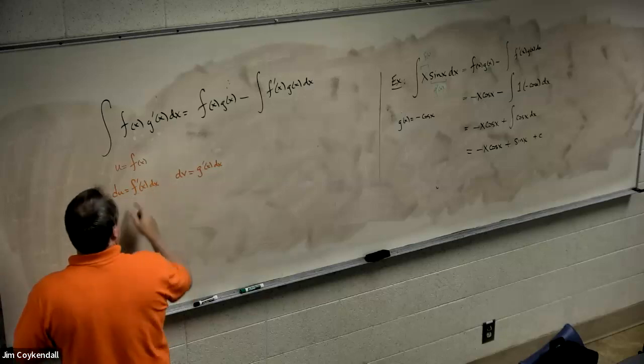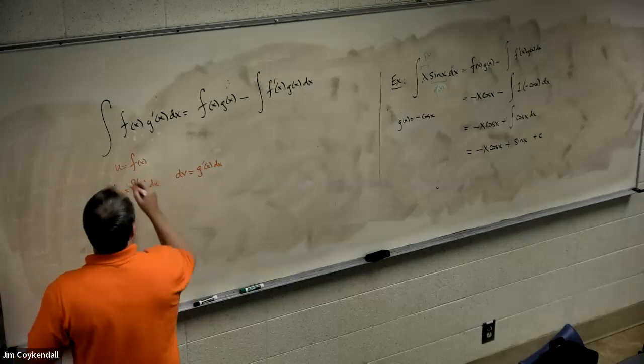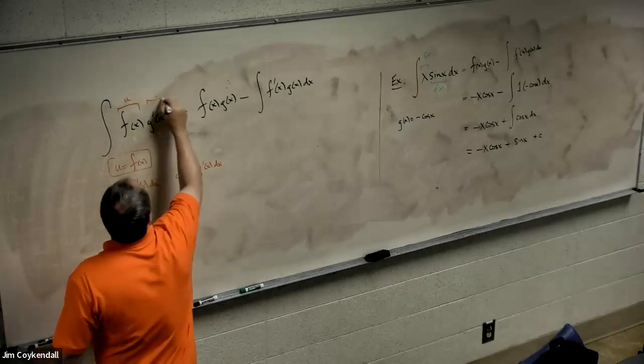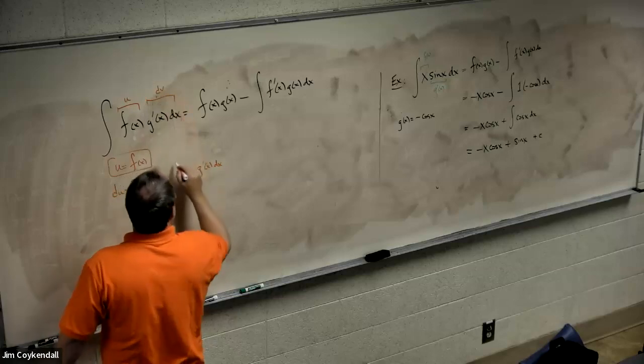And now use this to fill in. u is f of x, and this is dv.